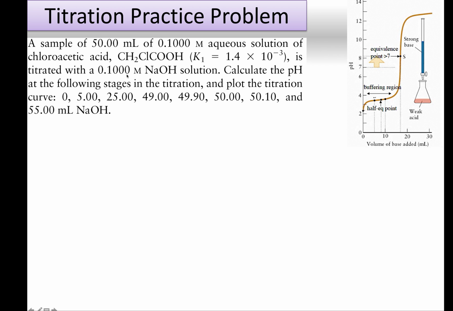And then for the strong base, in this case the titrant in the burette, it is given by the concentration and different amounts of the volume that we are adding to the sample of the weak acid. So we are going to be able to construct this plot by finding the different pH after the addition of different amounts of the strong base.